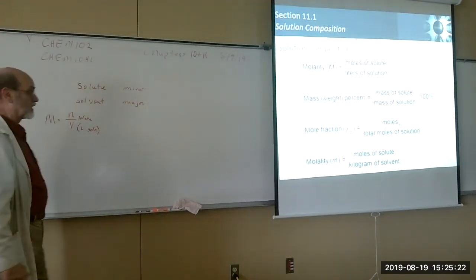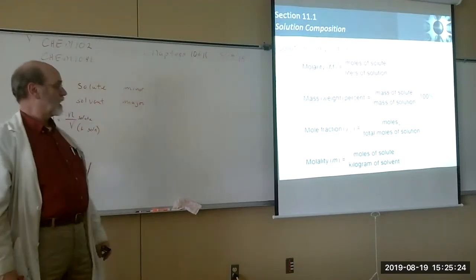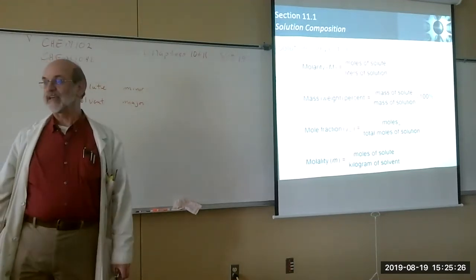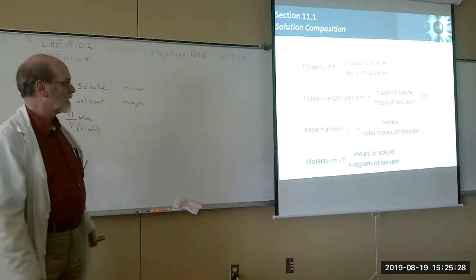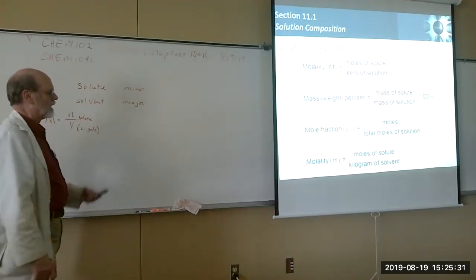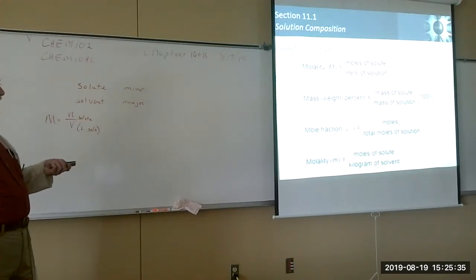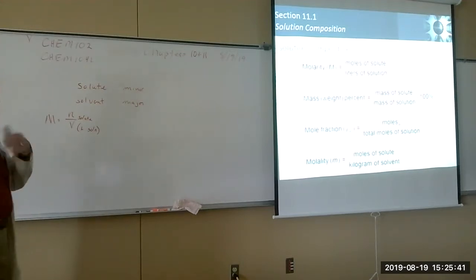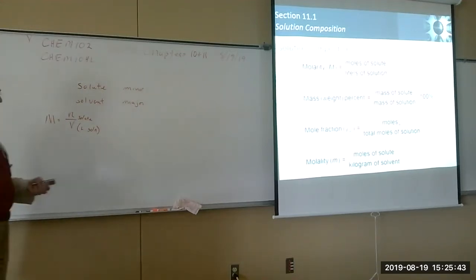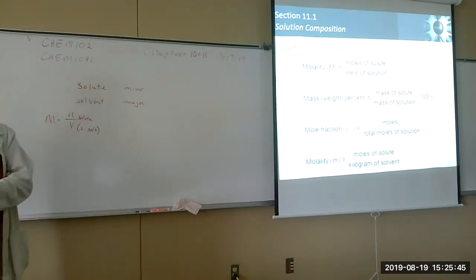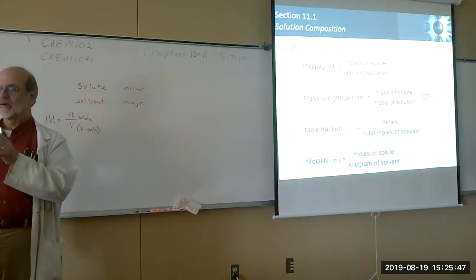Another way to express concentration is weight percent. Right? So if you know the mass of your solute and the mass of the solution, all you have to do is divide the solute by the solution mass times 100, and you have percent weight. Now, that's the problem with percentage, you have to specify whether it's weight or volume.